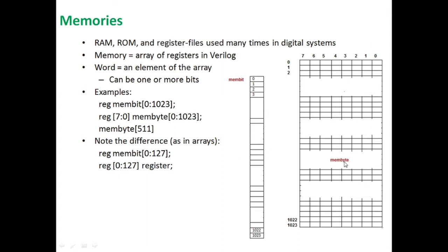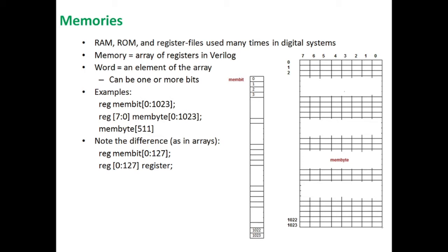And coming here, I am having one more memory organization, that is membyte. The name of the memory is membyte, and this membyte has 1024 different locations or 1024 different elements, and each and every element has 8 bit width capacity.